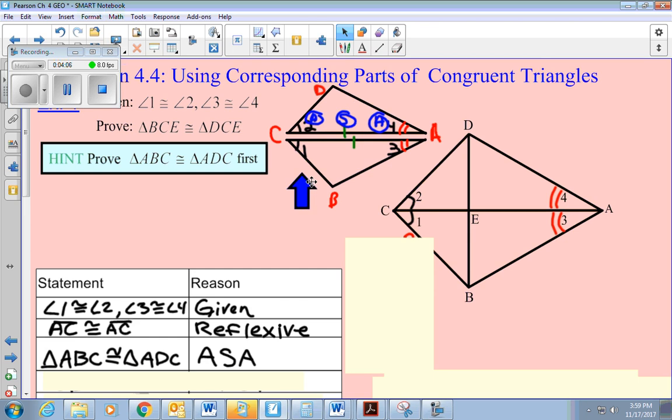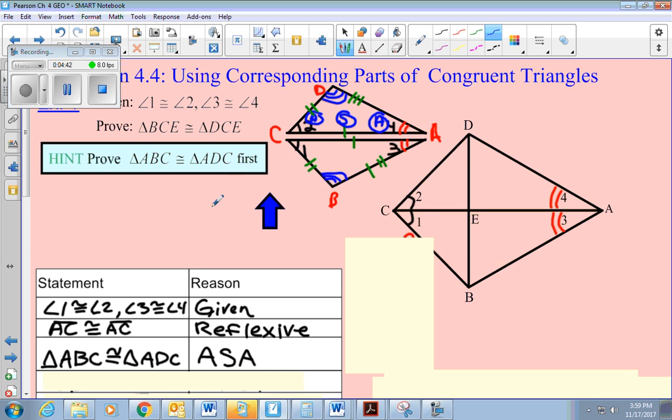So if we prove that these two triangles are congruent, then all their parts are also congruent. So we can put congruent marks here. We can put them here. And we can claim that this angle here, D, is congruent to angle B. So once we declare the triangles congruent, all their parts are congruent.